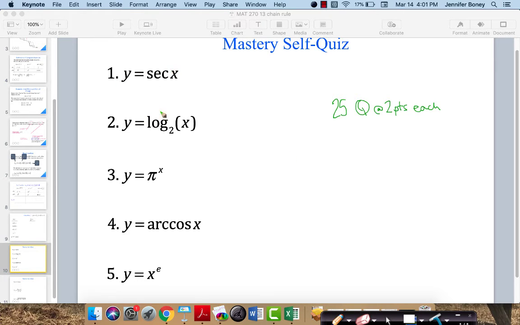Y equals secant of x, y equals log base 2 of x, y equals pi to the x, y equals arc cosine. There's only so many different variations we can have. The most challenging thing you might see on there is maybe a coefficient in addition to the rules you normally see, or just power rule expressions not written in power function form.